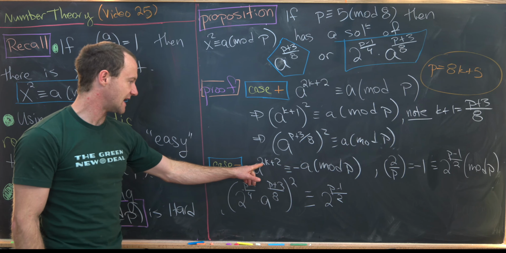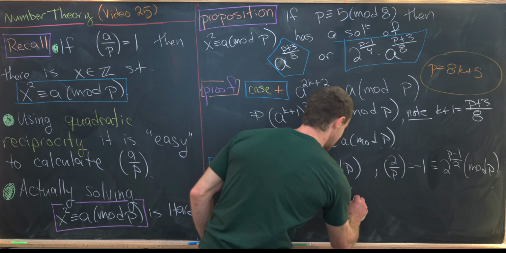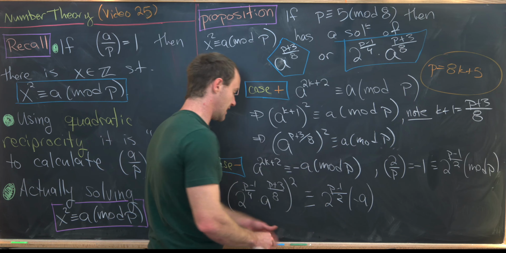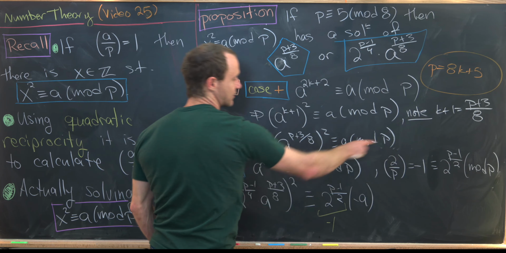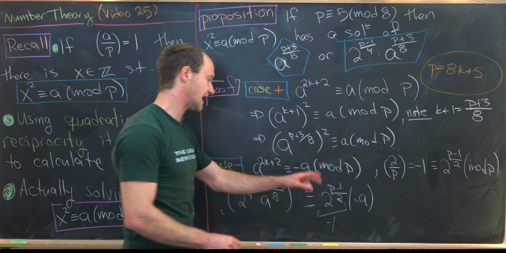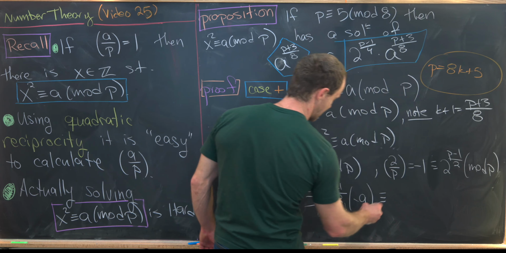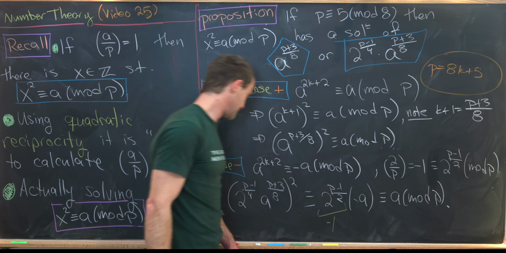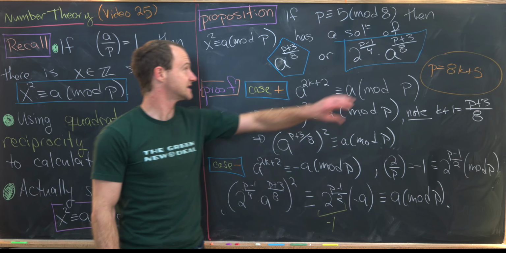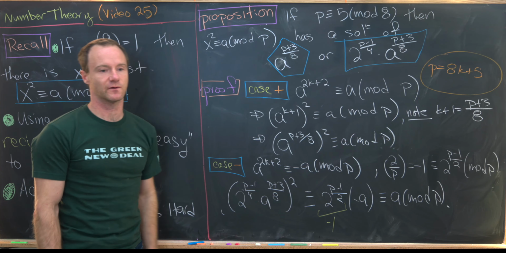But that's exactly a^(2k+2), and that is negative a. But this guy right here is negative 1, which we discovered by Euler's criterion over there. So the negative 1 and the negative a cancel out the sign, leaving us with a mod p. So in other words, in this case, the solution is of this form.